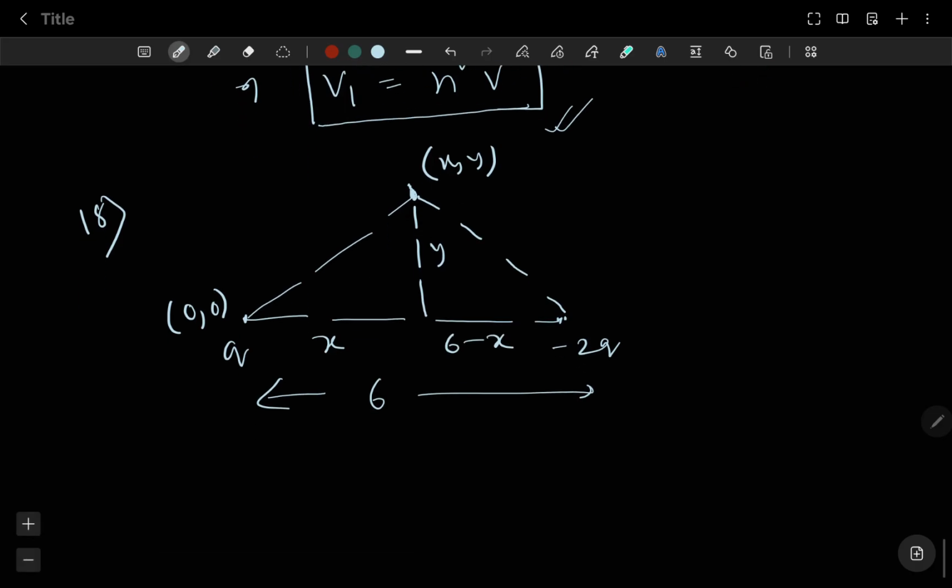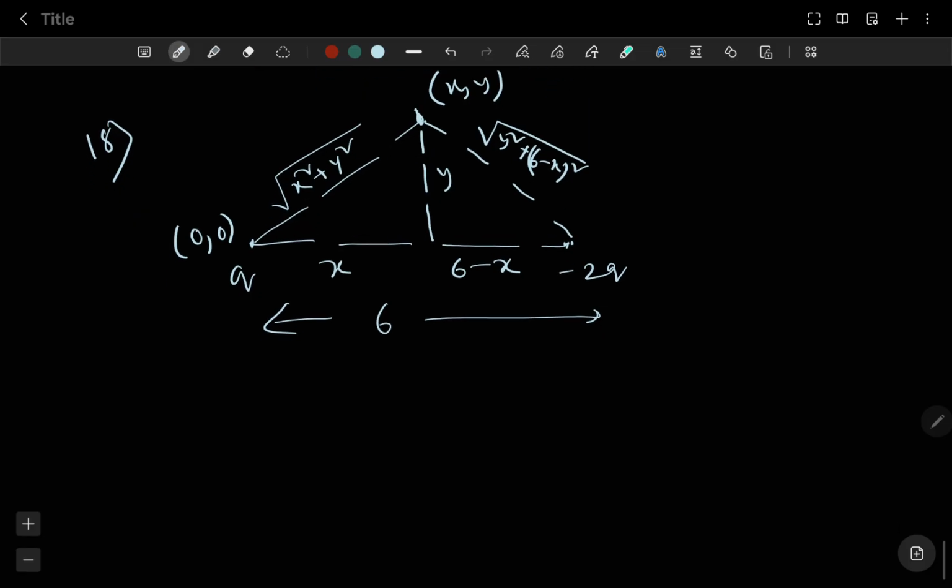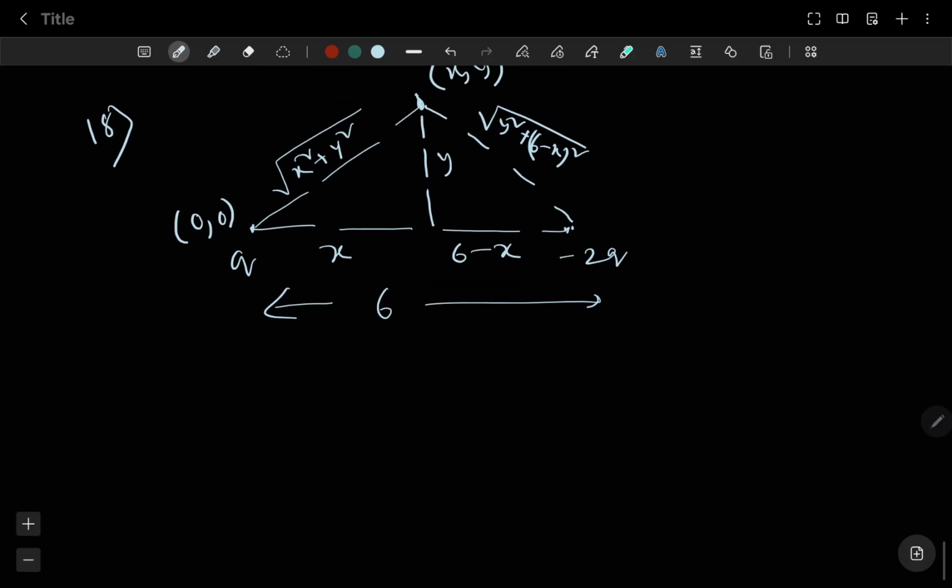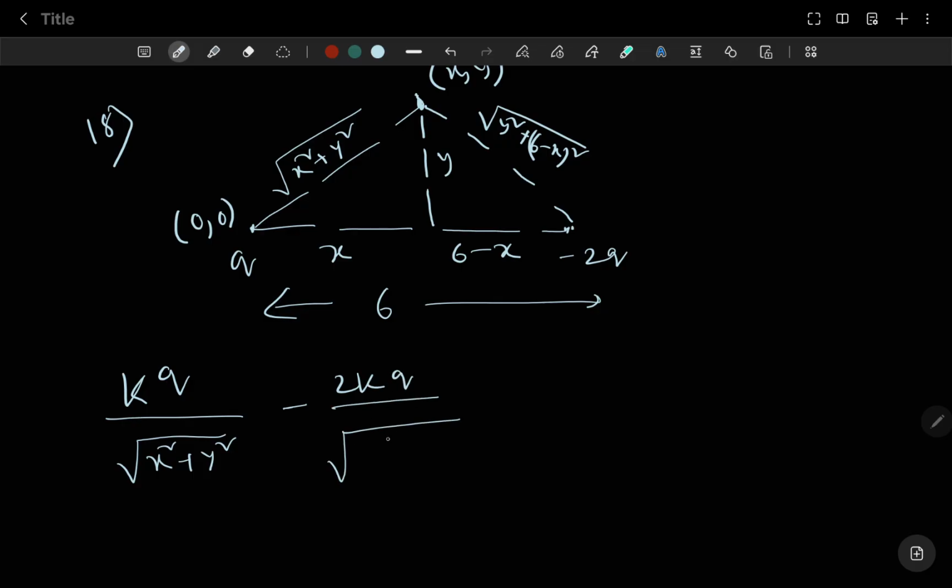So what is this distance? Root over x square plus y square. And what is this distance? Root over y square plus 6 minus x whole square. So the total potential at this point is 0. So kq by root over x square plus y square minus 2kq by root over y square plus 6 minus x whole square is 0.